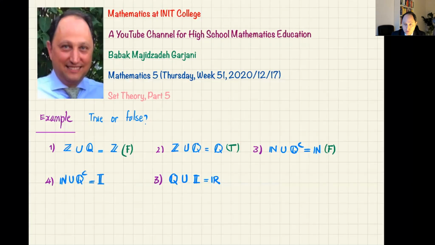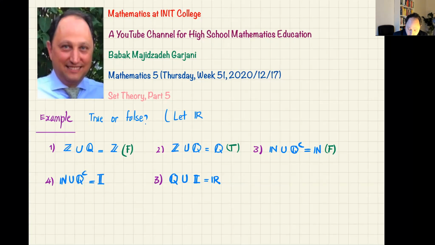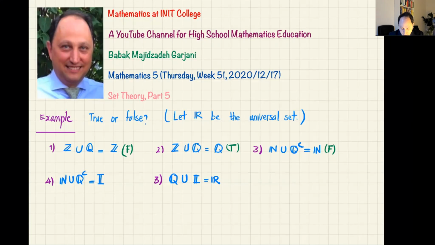Can you cook up an example? The square root of minus 1, the imaginary number? Let us work, let me be more precise. Let R be the universal set. The irrational number pi, for example, is a good example.